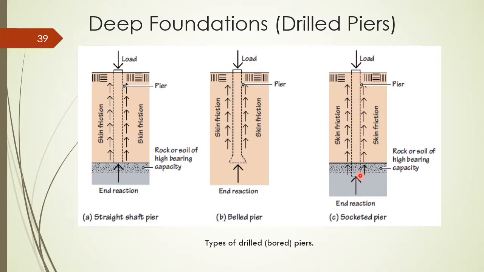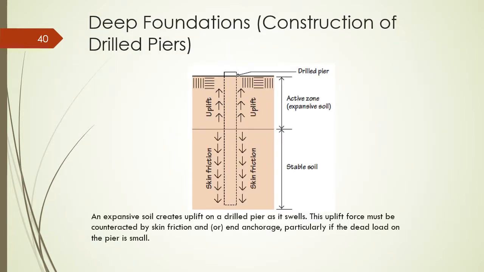Or if it's an end bearing, they may drill part way into the rock or higher bearing capacity soil, and that is called a socketed pier. Expansive soil is going to create an uplift as it swells, so we have to have stable soil of sufficient depth to offset that uplift of the drilled pier.